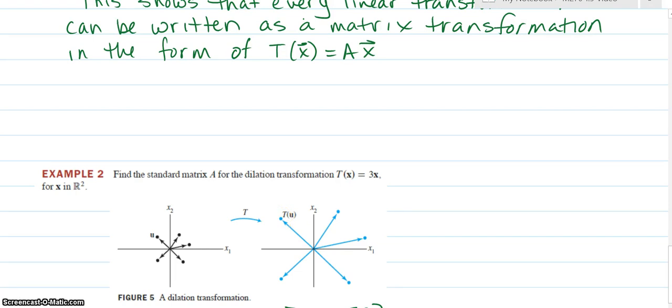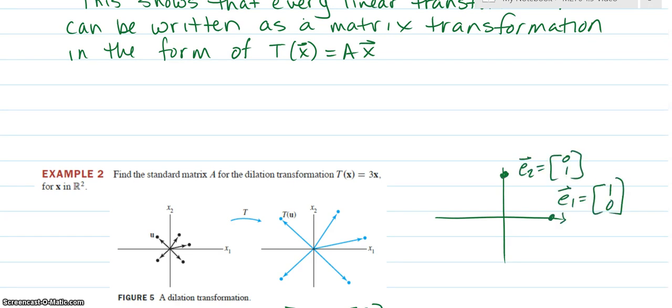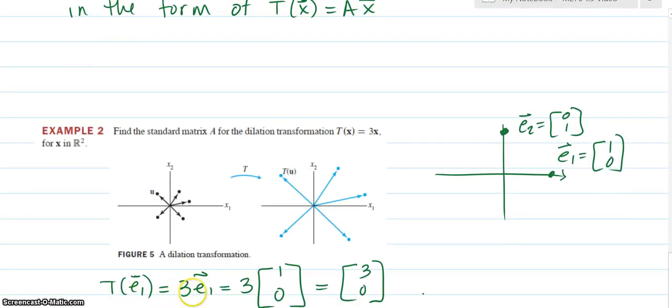So we know to find the matrix, we're just going to look at our e's. We know e1 is 1, 0, and e2 is 0, 1. So I'm going to start with e1. T of e1 is 3 times e1, which is 3 times 1, 0. Multiply that by 3. This is the first column of our matrix.